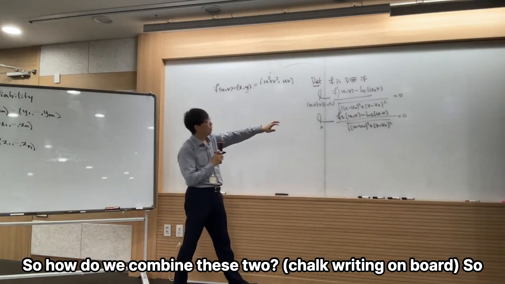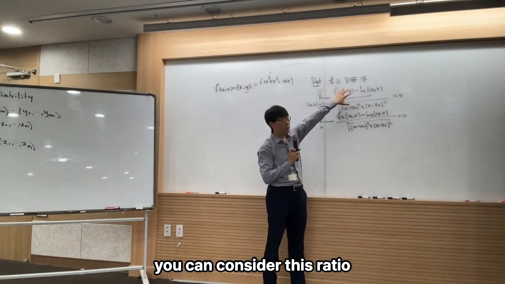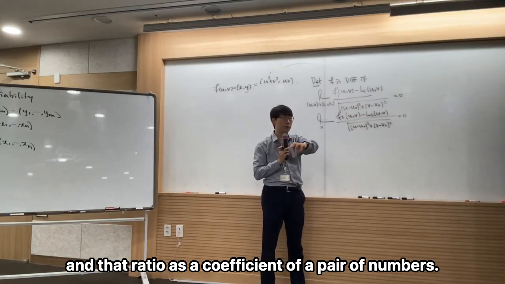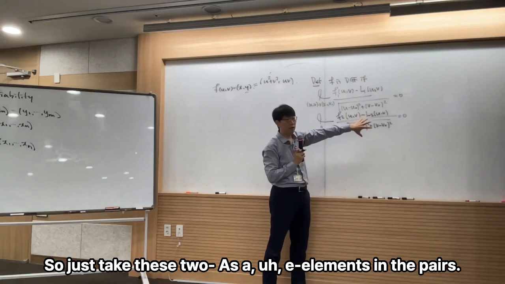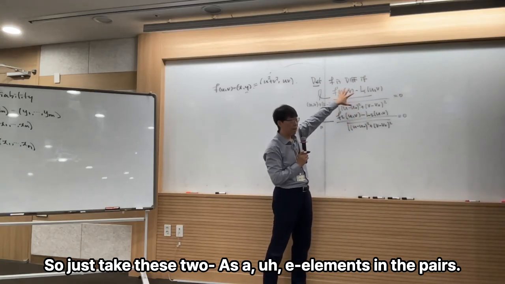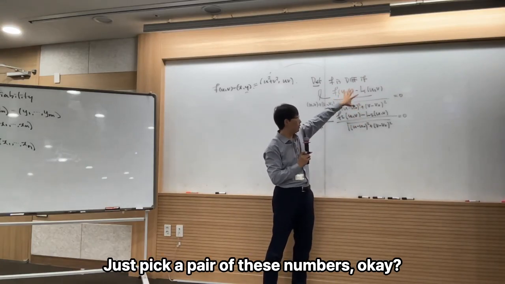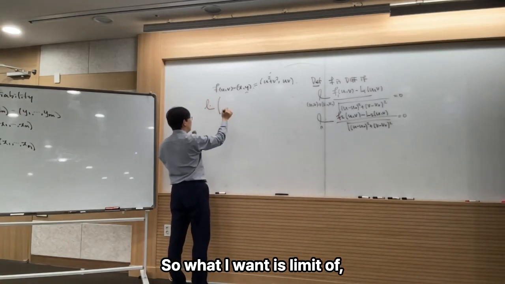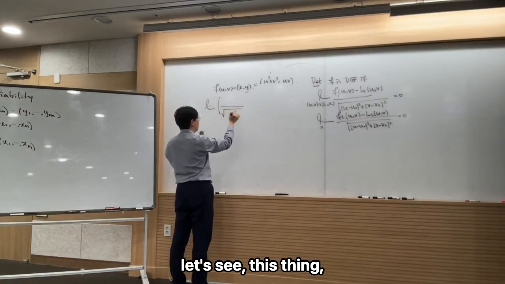So you can consider this ratio and that ratio as coefficients of a pair of numbers. Just take these two as elements in a pair. So what I want is the limit of this thing.